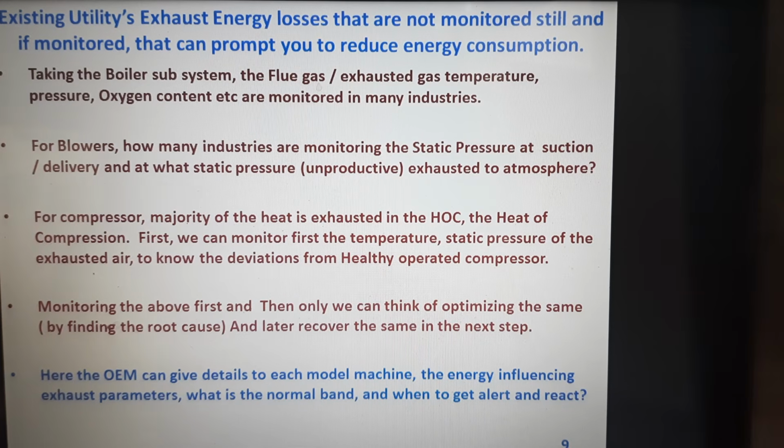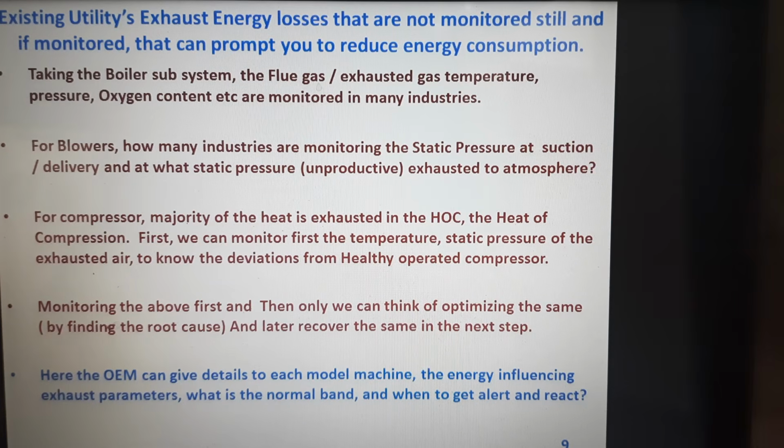Since in the compressor the majority of the heat is exhausted as heat of compression, let us monitor first the temperature and the static pressure of the exhausted air. Monitoring the above first, definitely we can optimize. On a healthy compressor, we know what the condition is, and let us say the post-air cooler on the compressor hood gets choked, it gets derated, automatically the exhaust static pressure drops and the temperature goes up.